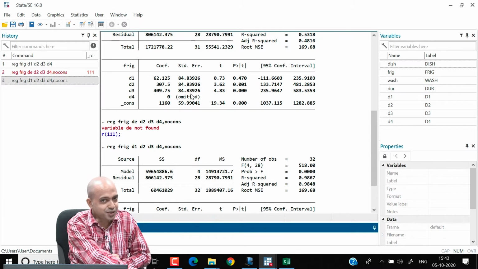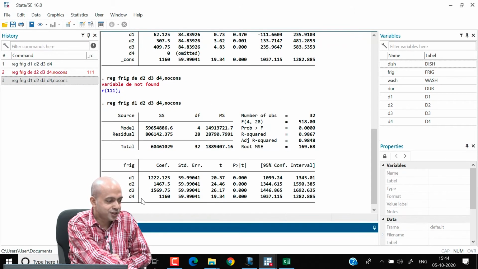And when the fourth quarter is the base, the constant term obviously represents the sales of the fourth quarter. Now in this case, this is exactly 1160, and that is also 1160. And look at its standard error, 59.9941, exactly matching.